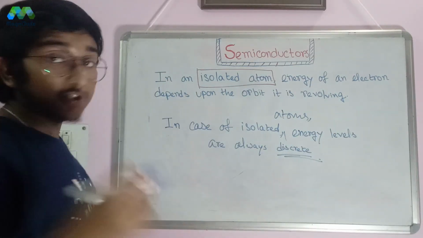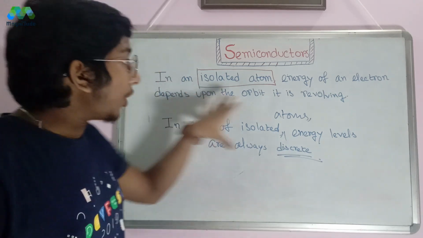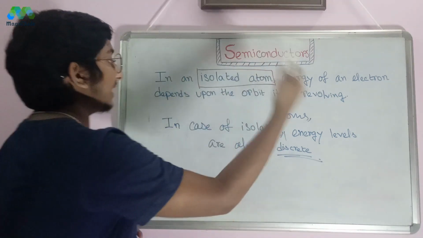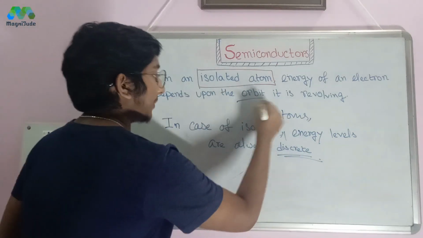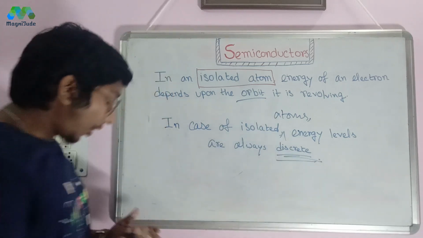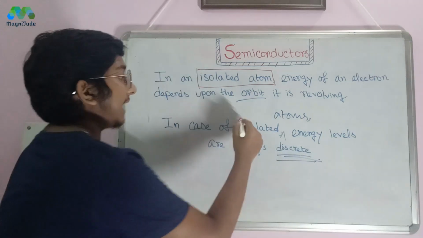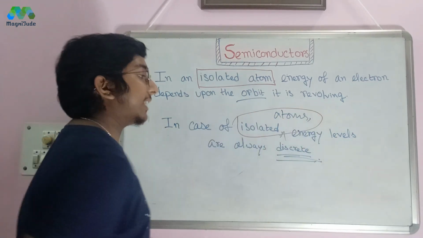I will show this with an example afterward. In isolated atoms, the energy of an electron depends upon the orbit, and the energy levels are always discrete. All these things are only valid for isolated atoms.